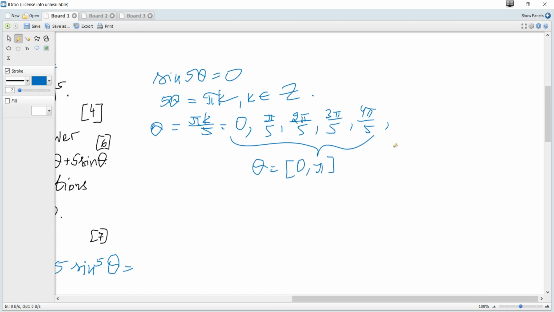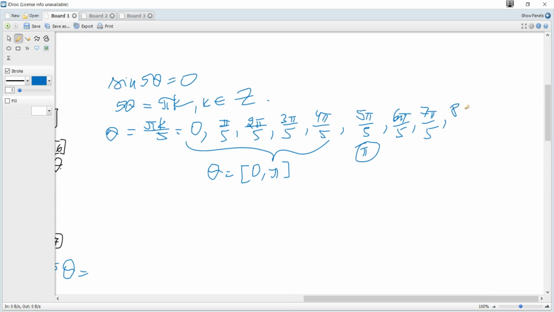and if we continue, it will be 5 pi over 5, which is pi, 6 pi over 5, 7 pi over 5, 8 pi over 5, 9 pi over 5, and 10 pi over 5, which is 2 pi, it's this point but rotated by 2 pi, so it will be the same.